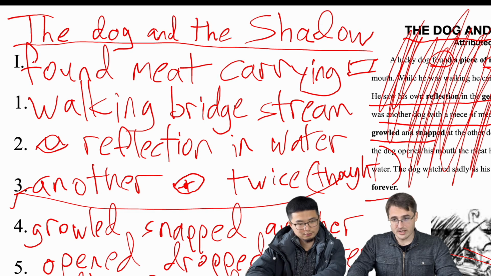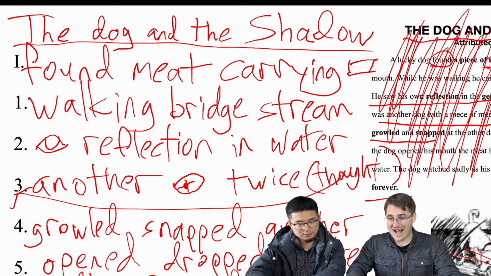The dog was walking on a bridge over a slowly running stream. He saw a reflection in the water. He thought it was another dog with a piece of meat twice as big as his own meat.